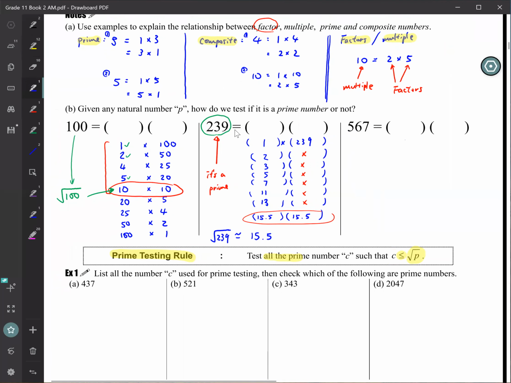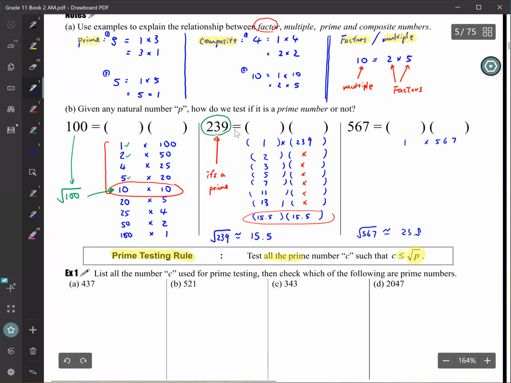So let's try 567. So we can start with 1 times 567, right? And then we need to find the square root of 567. All right, Colin, what is the square root of 567? 23.8.